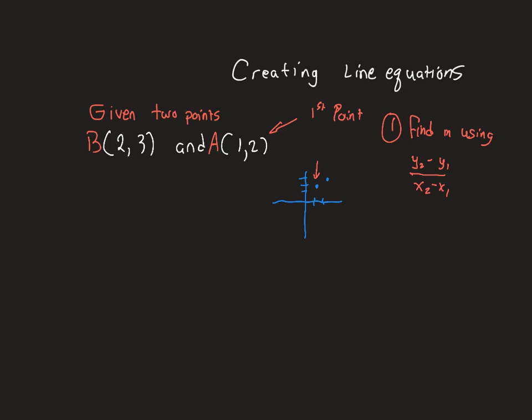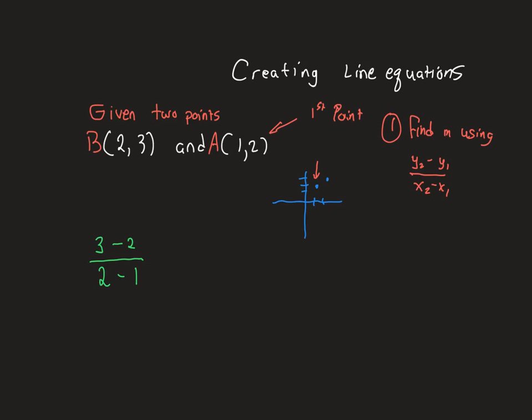So let's do it. So we have y2, which would be 3, minus y1, which is 2, divided by x2, which is 2, minus x1, which is 1.